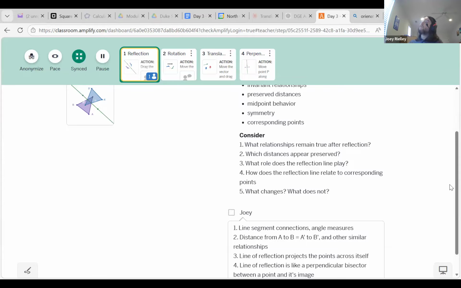If one is on the line, the other is also on the line. The distance from C to the line is equal to the distance from C prime to the line. And it's the perpendicular distance. That is how they calculate distance from one to the other. It's a perpendicular distance. I'll make sure that's there.